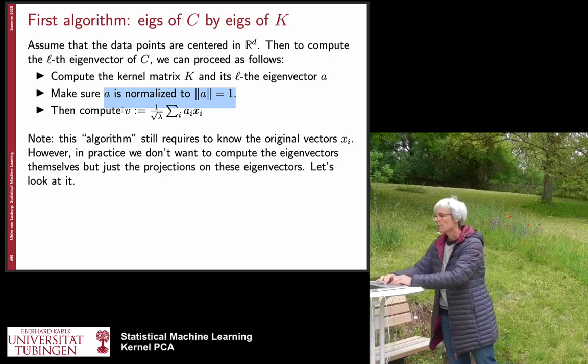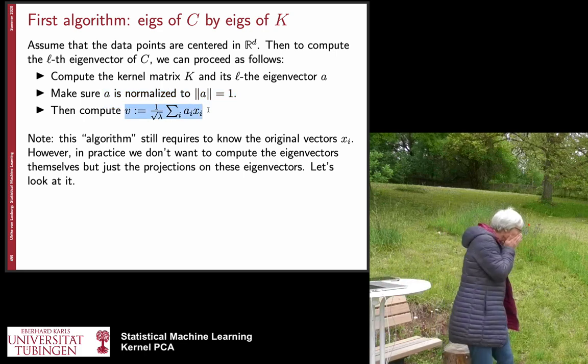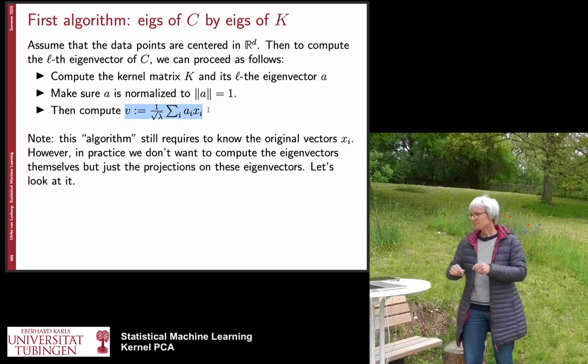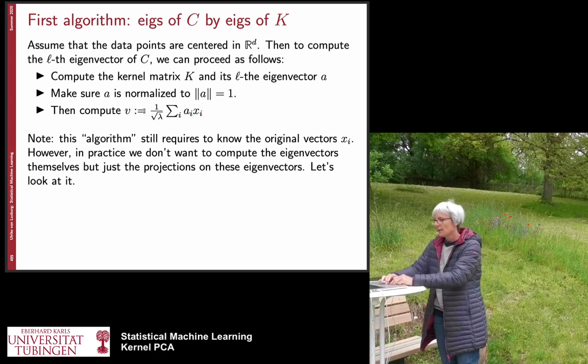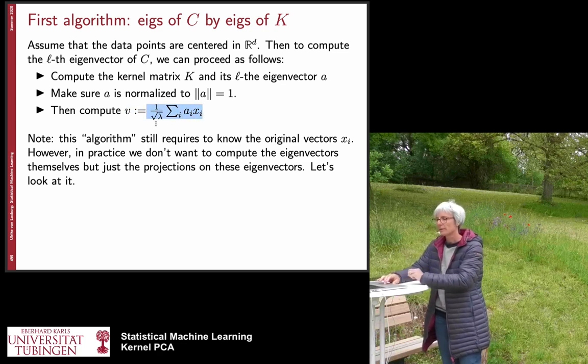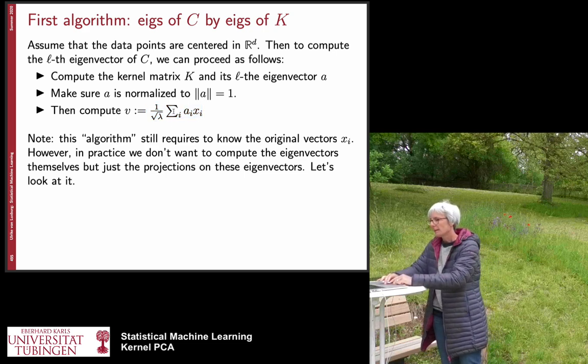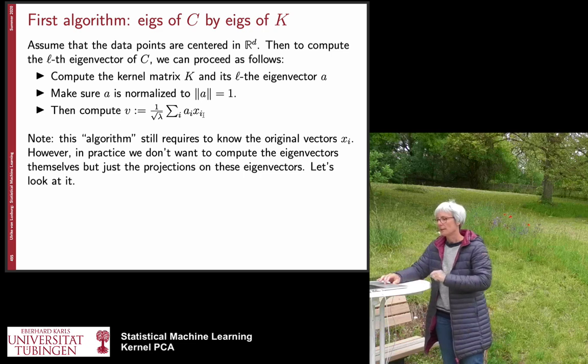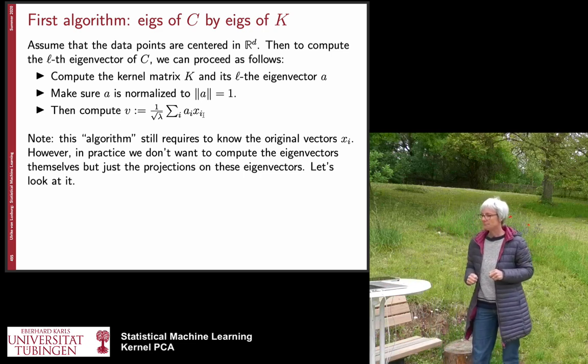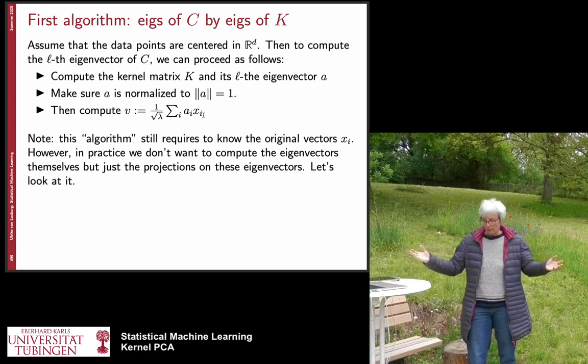And then we compute the vector v as defined in the proposition as 1 over square root of lambda, this is the normalizing factor we need to get this one to norm 1, times the sum of a_i x_i. So this is the first step.